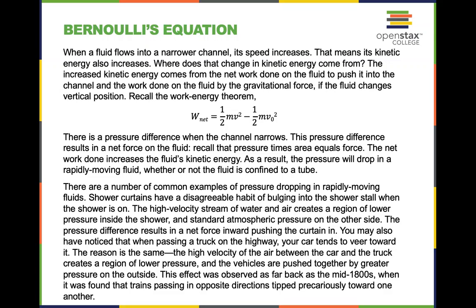The reason is exactly the same. The high velocity of the air between the car and the truck creates a region of low pressure, and the vehicles are pushed together by greater pressure on the outside. This effect was observed as far back as the mid-1800s, when it was found that trains passing in opposite directions tipped precariously toward one another.